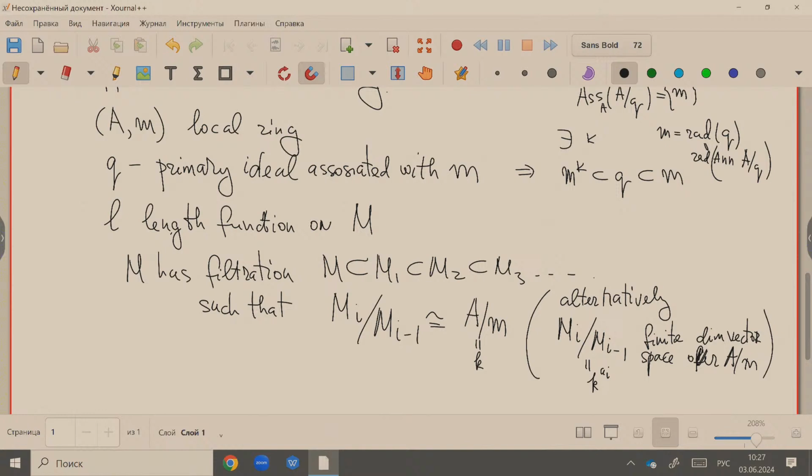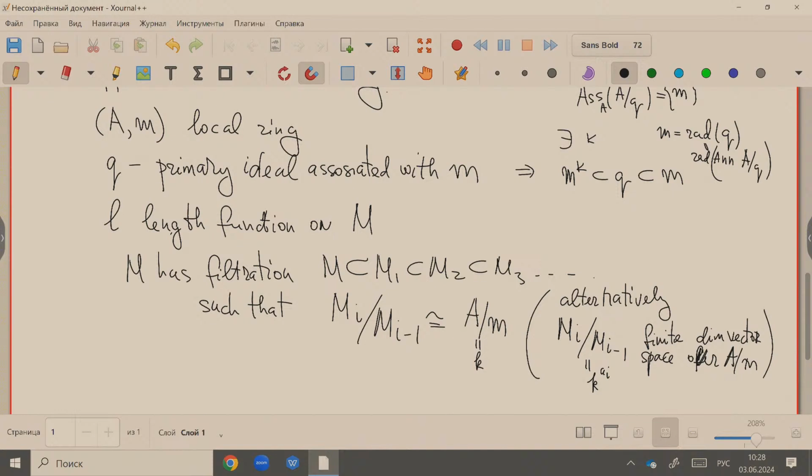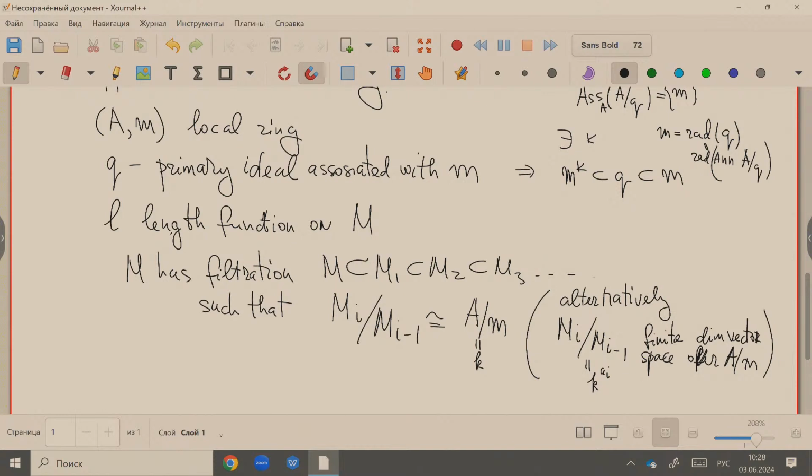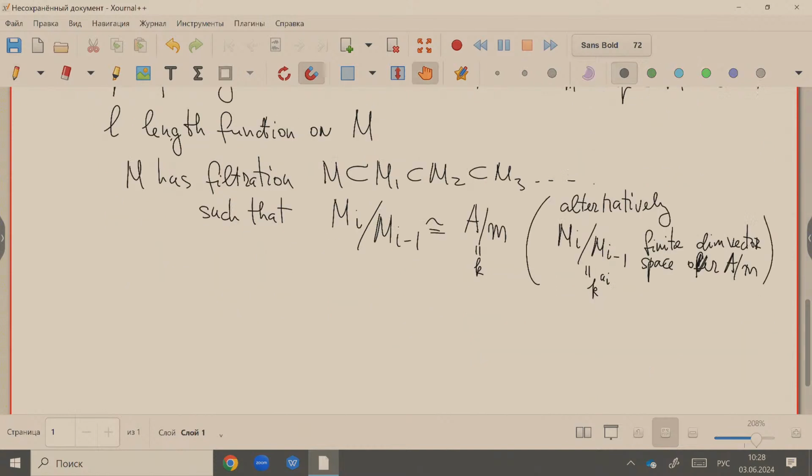So this means you just subdivide into one-dimensional pieces, taking an additional filtration and then the preimage, because these are quotients, so we must take preimages of these vector spaces. So this is more or less an equivalent definition, and the length function is just the length of, in this case where A mod M is equal to K, the number of factors in the maximal filtration.